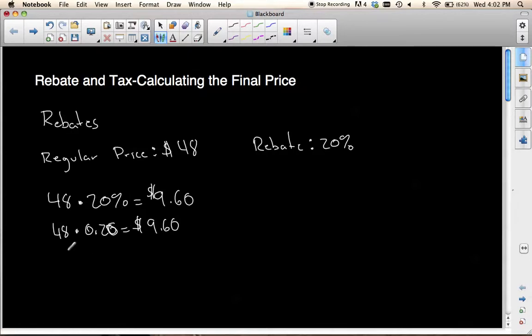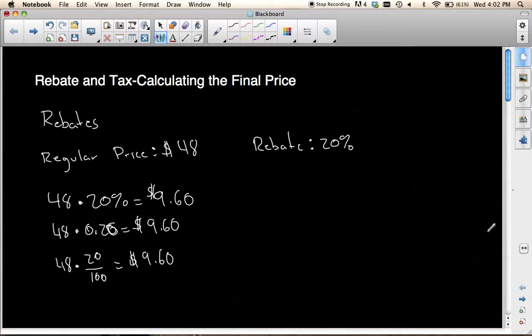So if I take 48 and multiply that by 20 over 100, I'll end up with a number that's still like a fraction that corresponds to 9.60. So this is how I find the rebate.